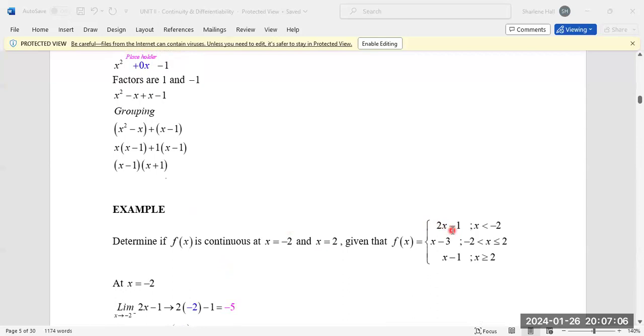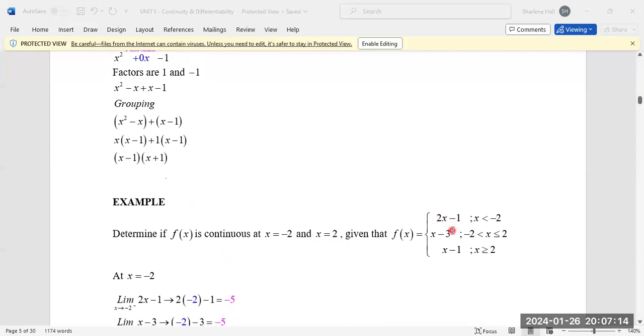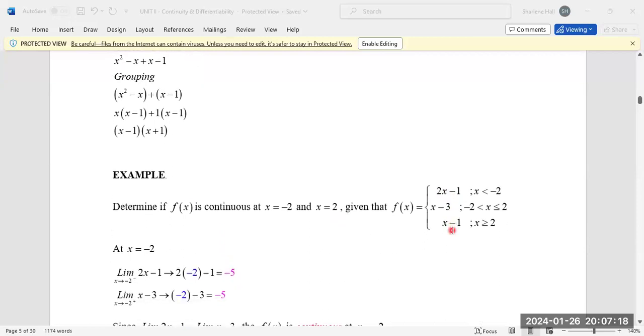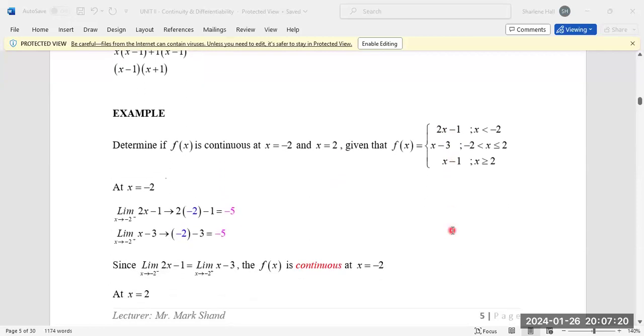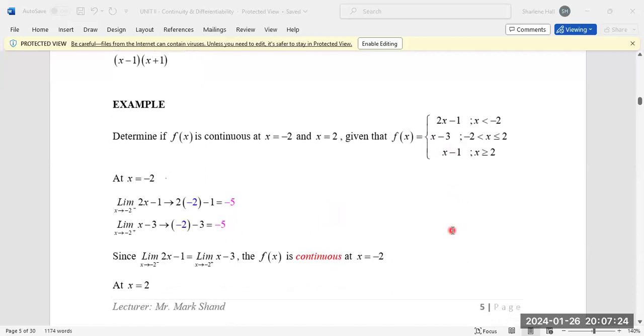No, sir. Why? Because it's relative to minus 2. Very good. So you're learning. Simon understands this already. Okay, so that's correct.